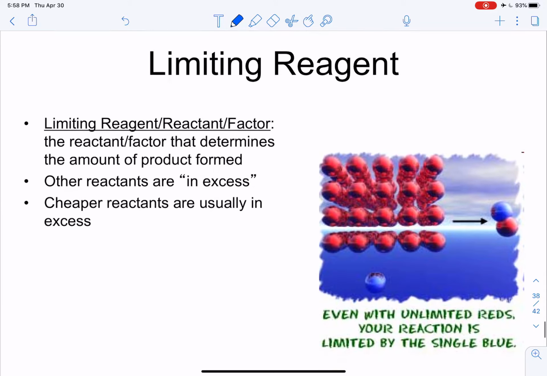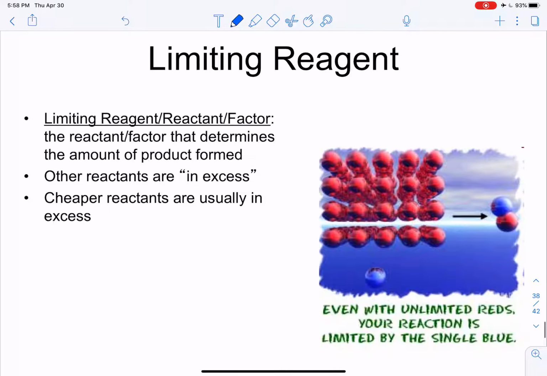So that brings us to this slide that says that we have a limiting factor sometimes when we're doing reactions, and that's also called a limiting reactant or a limiting reagent. We use them all interchangeably. And that is going to dictate how much product we can make.